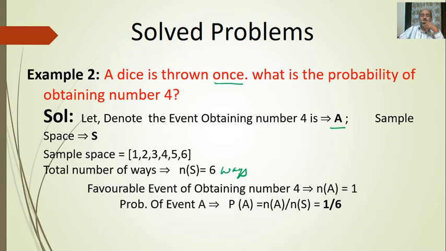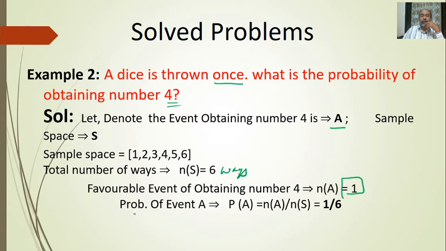Then what are the favorable events you want? You want obtaining 4. How many 4s are there? Only 1.